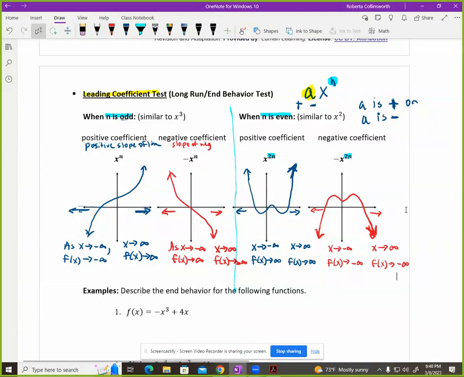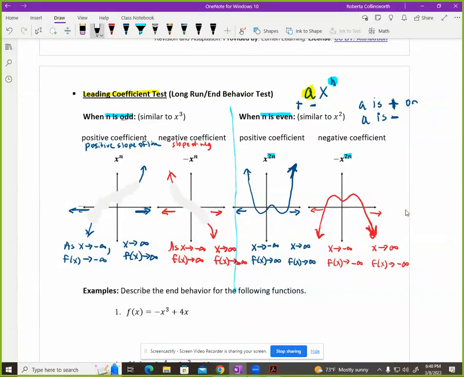Okay. So remember that our graphs don't have to look like this in the middle. I mean, I could take that away and I see that I have a positive coefficient with an odd exponent. That's what the end result's going to look like.